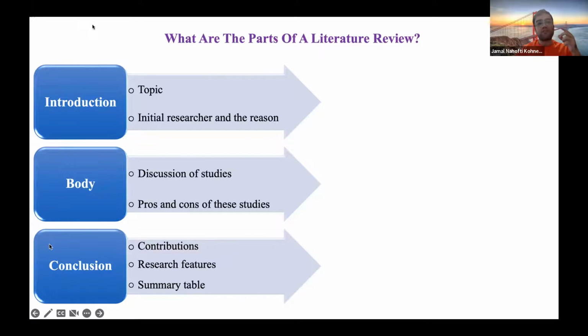For that topic, initially we mention what the research topic is, then we talk about the initial research that first proposed it to the audience, and then we go over the other studies that use the same research topic. So that's for the whole literature review, not just for each study.